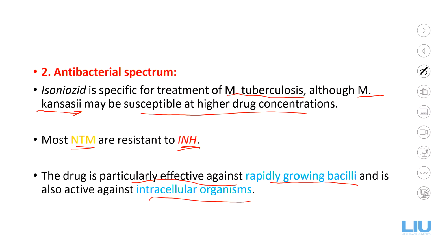It acts intracellularly. As you will see, some of these drugs act only extracellularly. So it's an advantage to have a drug that acts intracellularly, because it can reach inside the infected cells and attack the bacteria, not only extracellular but inside the cell. Okay. Any questions about the spectrum?